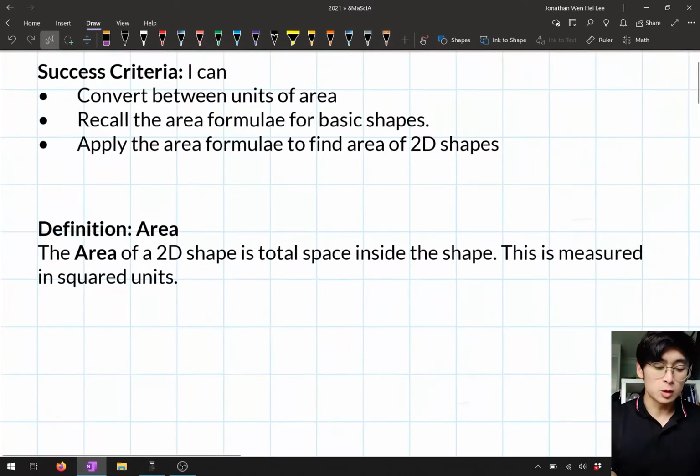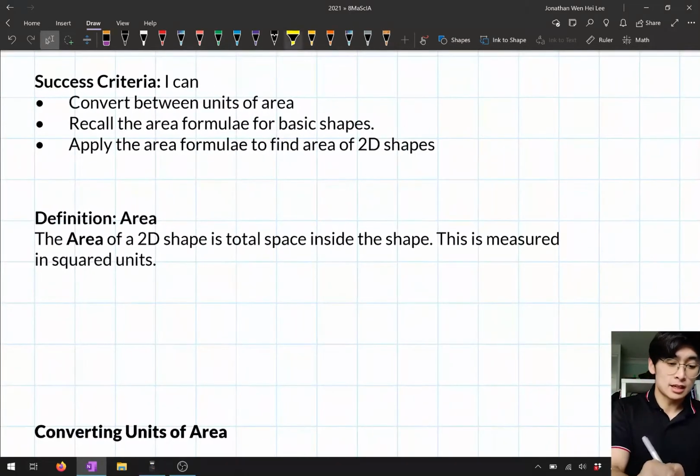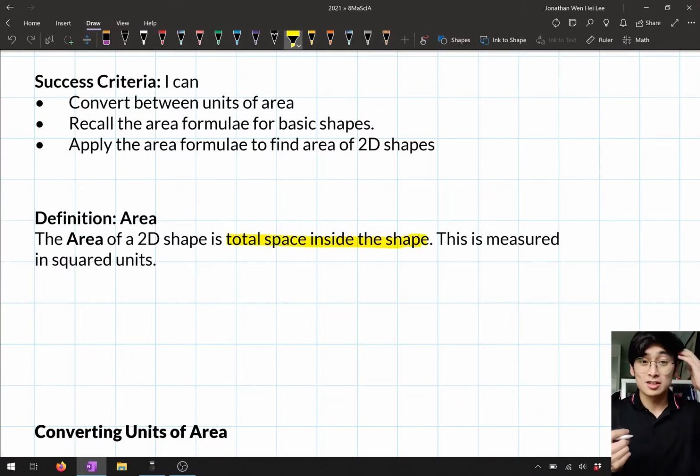The area of a 2D shape is the total space inside the shape. Earlier in this topic we looked at perimeter, which was the total length around the outside of a 2D shape. Area is just how much space is inside your 2D shape. Unlike perimeter, which was measured in centimeters, millimeters, meters, and kilometers, area is measured in squared units.